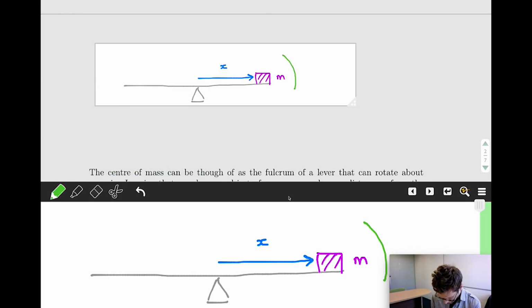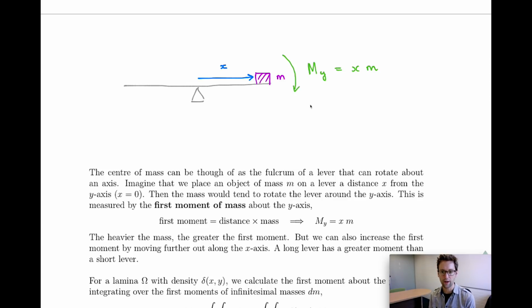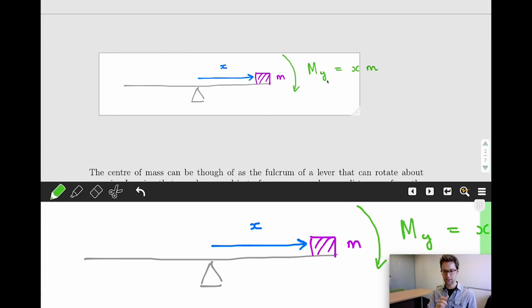So what is this lever force? Well, we're going to refer to this as big M subscript y, equal to the distance times the mass. So the distance from the fulcrum is x, and the mass is m. Now let's think about that. Why did I put a subscript y there? Well, the reason is that this is the lever force for rotations about the y direction. So the way that I set up this coordinate system, x is pointing in this direction and y is coming out of the page.